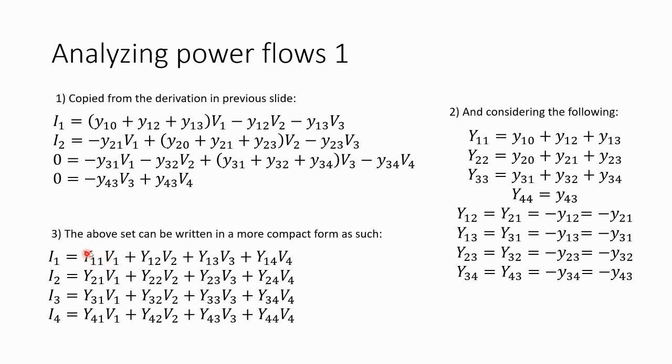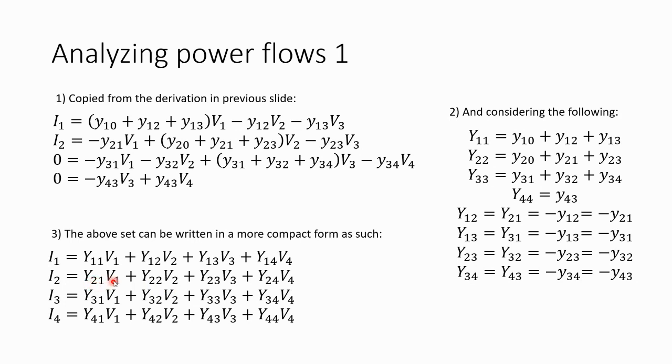So notice this self-admittance term Y11, Y22, Y33, and Y44 that we had defined earlier here. They are located, if you notice, in the diagonal position of this equation. And the remaining ones that are not on the diagonal position, we simply call them the off-diagonal elements. And if you can notice a trend over here, all these off-diagonal elements are the reflections of each other.